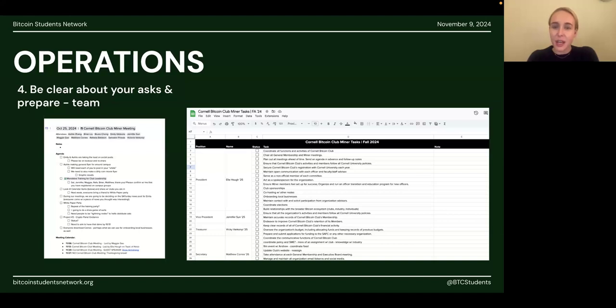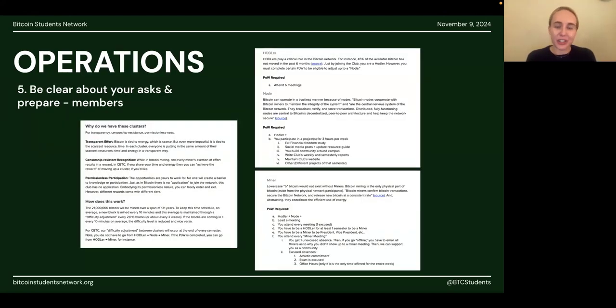If it's pretty clear that Ella's doing this and Vicky's doing that, everyone else can see it and maybe collaborate in some instances. Your tasks will really depend on what type of club you structure and how you want it to look. But it is helpful to have that framework so people really know what's expected, how they can participate, and what they should keep their eye on.